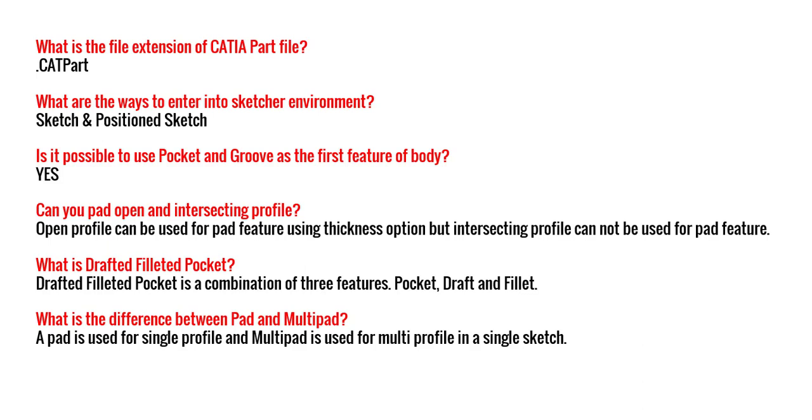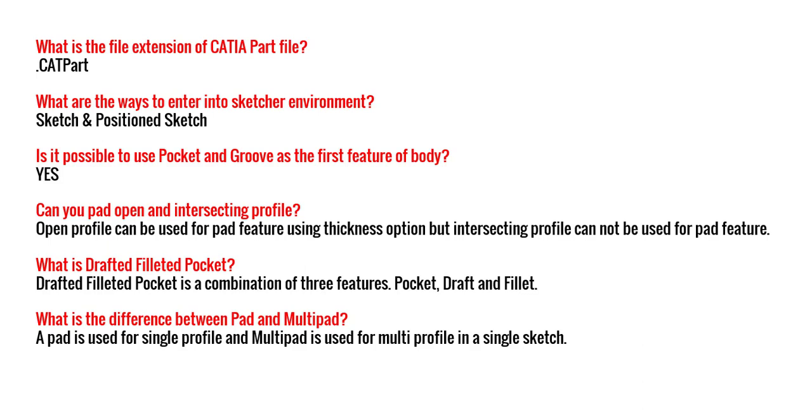So I can have multiple profiles in multi-pad where I can only have a single profile in pad. Say three circles are there in a single sketch. If I am using pad, then all three circles will create the same size of cylinder, the same height. But if I am using multi-pad, then I can define a different height for all three cylinders. That's the advantage we have with multi-pad.